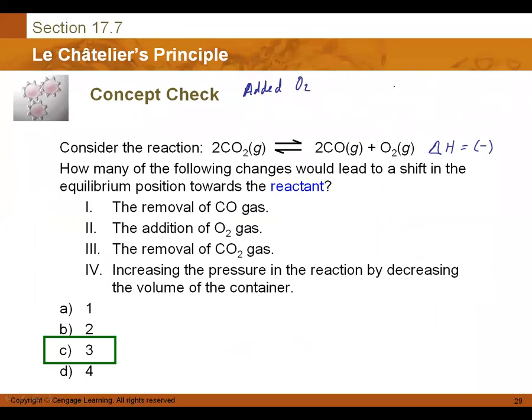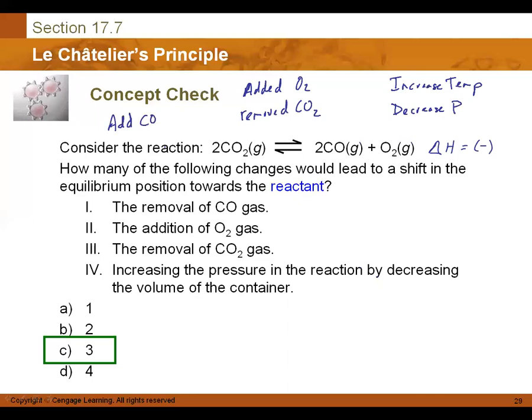Let's say that we removed CO2. Let's say that we increased the temperature. Let's say we decreased the pressure. And let's say we added more CO.